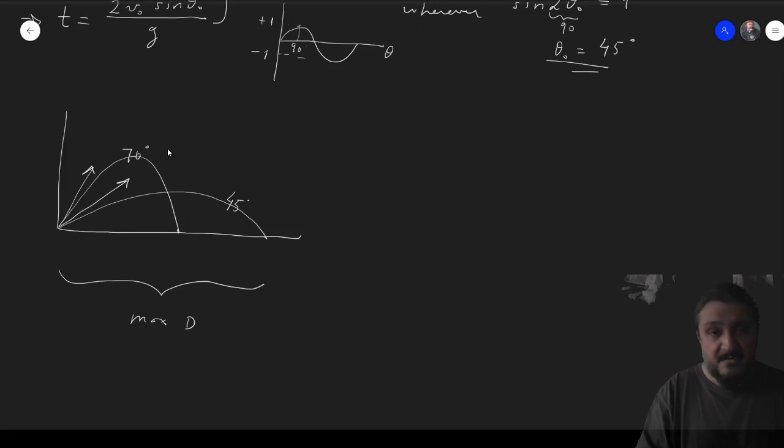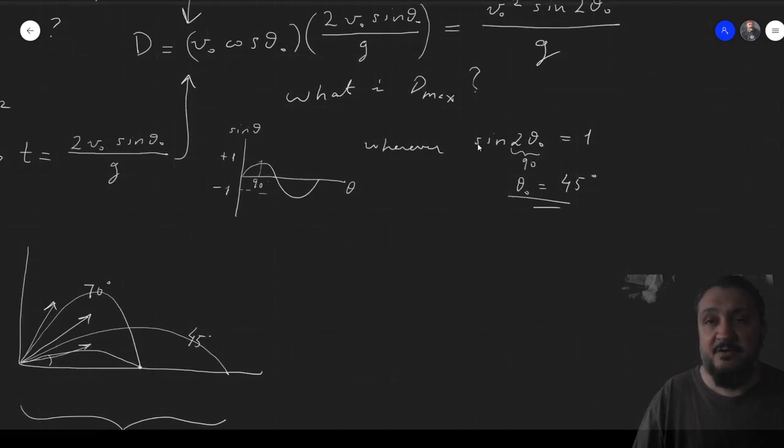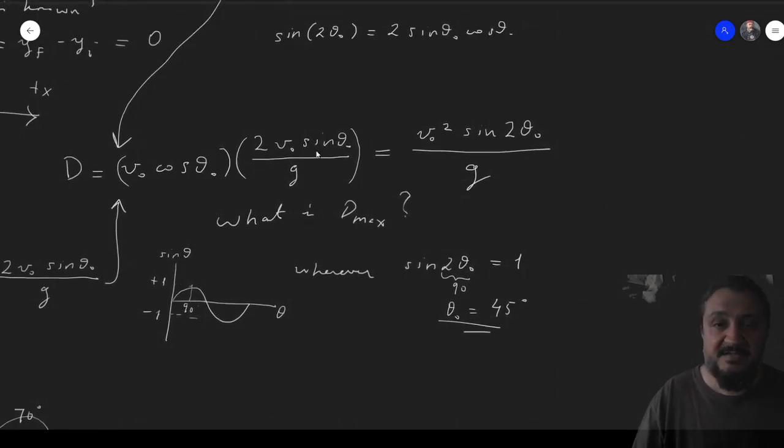Now it turns out that there is one more angle which will give you the same range. Do you know what angle that is? To find that, you can go back to this expression, where you have sine theta times cosine theta.